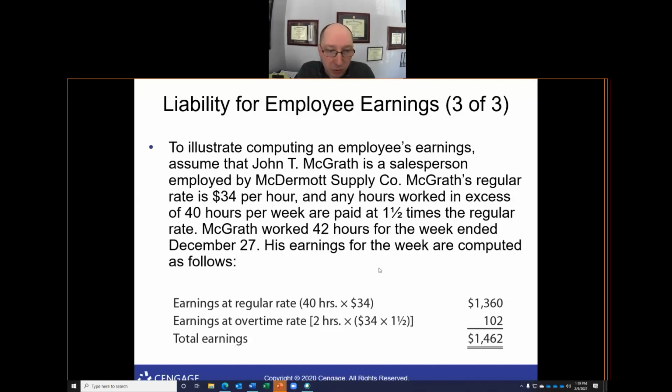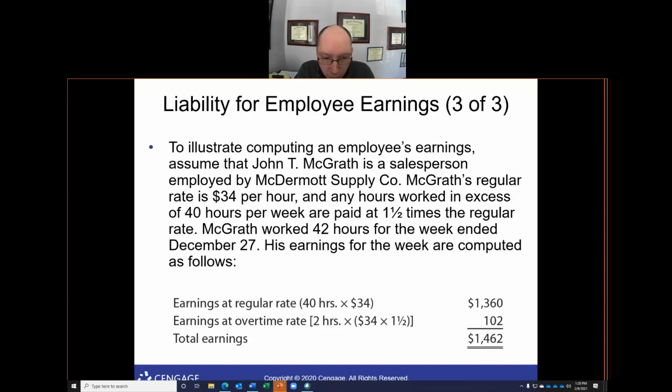An example of an employee's earnings. Employee works for 40 hours at $34 per hour. Their base rate is $1,360 per week, 40 hours in a week, right? Then the employee worked a few hours overtime. In this case, the employee worked for a total of 42 hours during the week. 40 hours at the base rate, 40 times $34 per hour is $1,360.